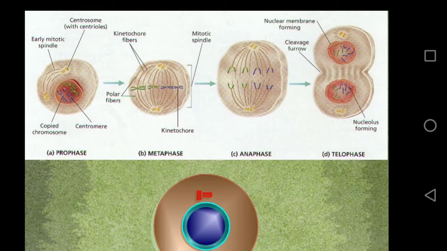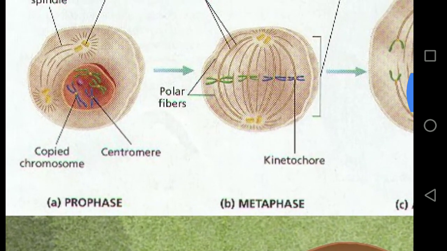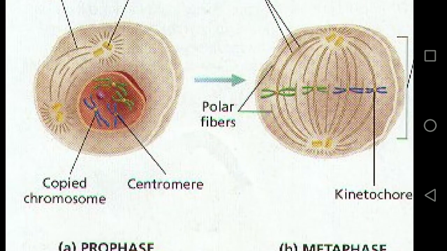So here are what the 4 phases look like. On the left you have early prophase. You can see that the nuclear membrane is still present, but you can see that there have been chromosomes that have condensed and formed, so those wouldn't be present during interphase, but they are present in prophase.